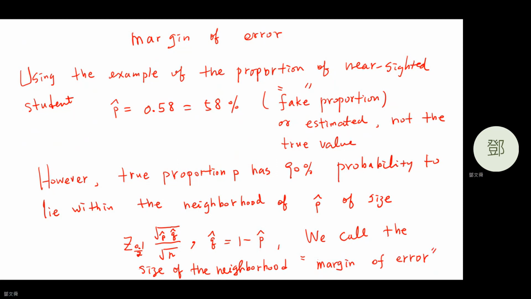So denote E equal to Z sub alpha over 2 times the square root of p hat times 1 minus p hat over n. Margin of error: the size of the neighborhood of p hat.